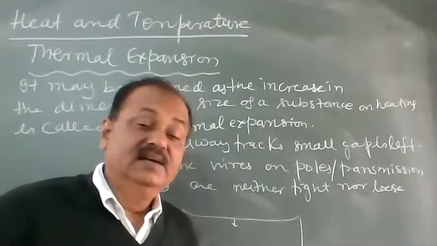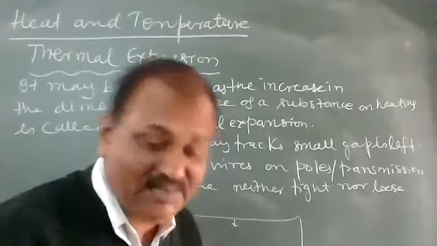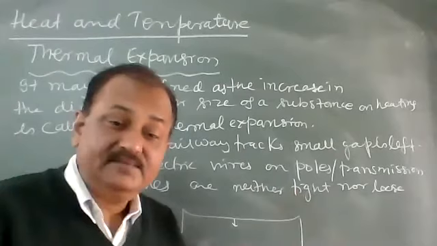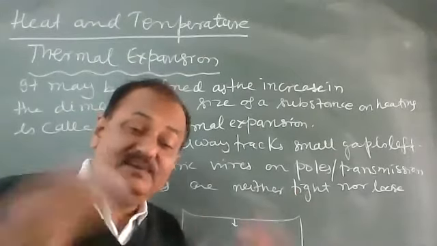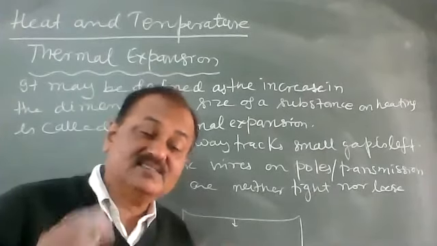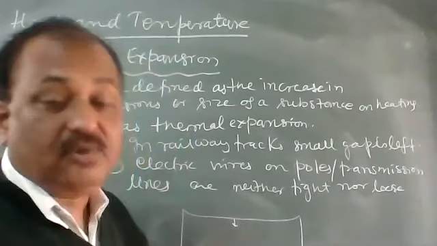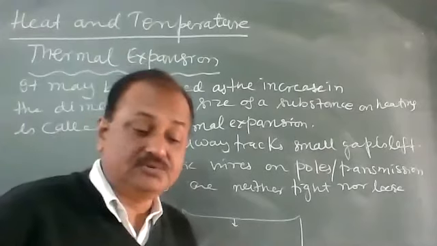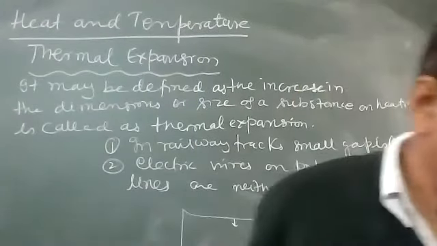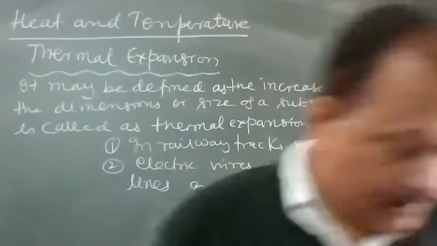Similarly, in winters there will be the opposite of expansion, that is contraction, so the wires may break. Similarly, railway tracks may also break due to contraction in winters. So this is one point about expansion.